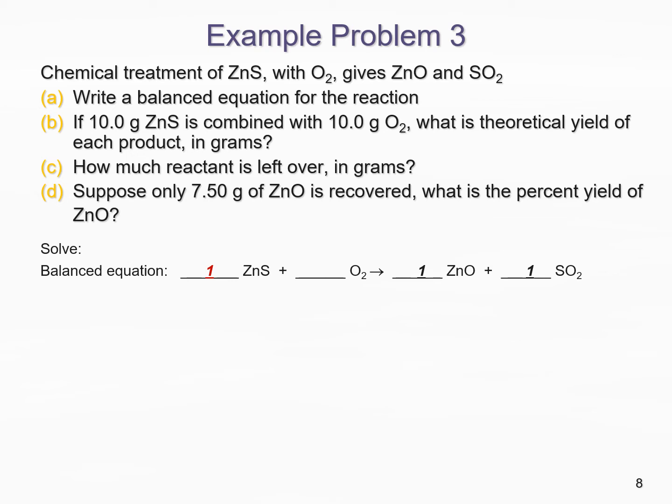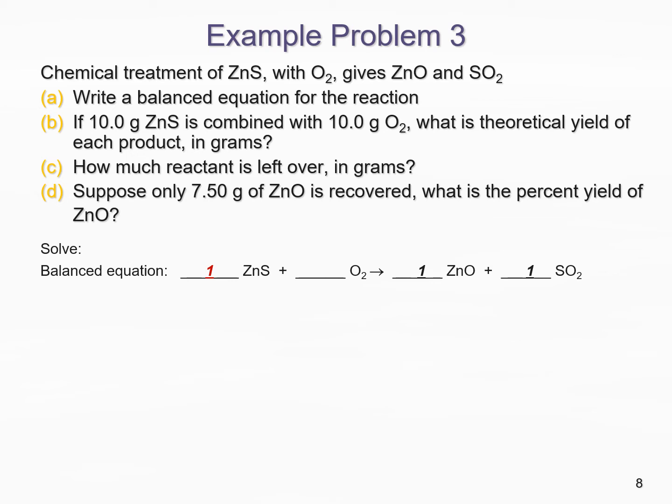Sulfur, same thing: once in zinc sulfide as a reactant, once in sulfur dioxide as a product. So I put 1 in front of zinc sulfide, which leaves 1 as the coefficient of zinc oxide, and coefficient 1 for sulfur dioxide. Now we need to balance the equation by figuring out the coefficient of O2, oxygen.